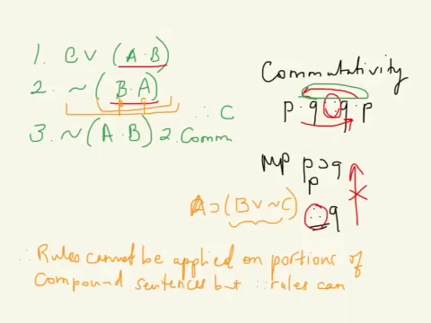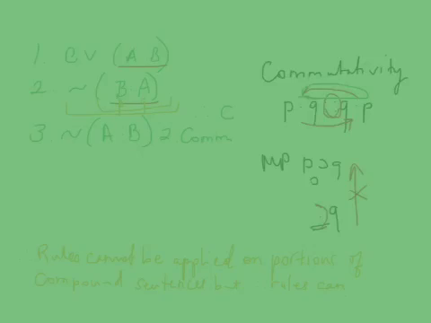Our rules do not allow this. However, we are allowed to do some operation to just the right hand side of a negation, just the main part of a negation.